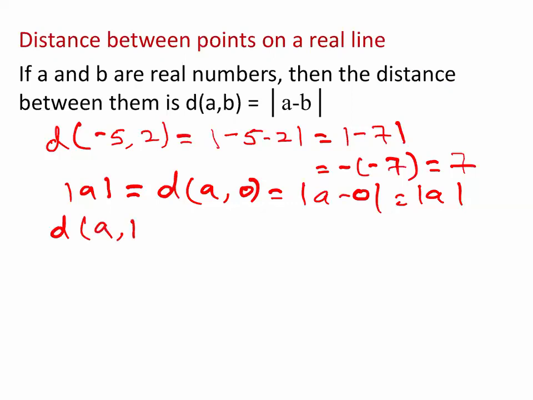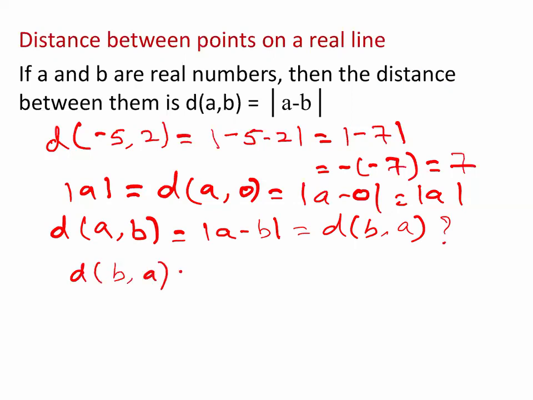The distance of a comma b, by definition, is the absolute value of a minus b. We shall check whether this is equal to the distance of b comma a. So the distance of b comma a, if we apply the definition, is the absolute value of b minus a, which is equal to, if you take minus 1 common, the absolute value of minus 1 times a minus b.